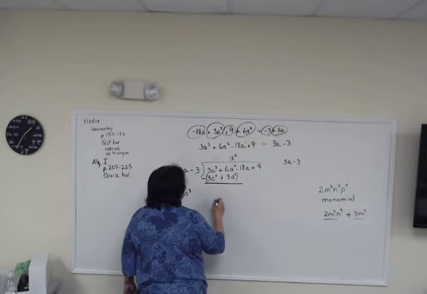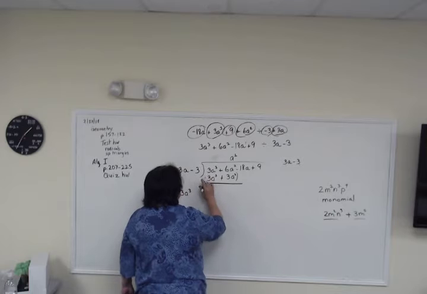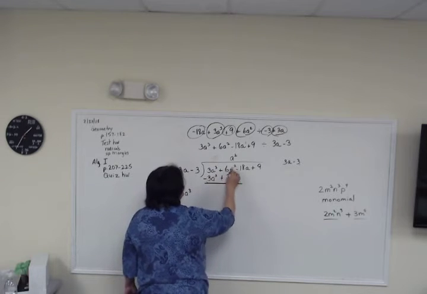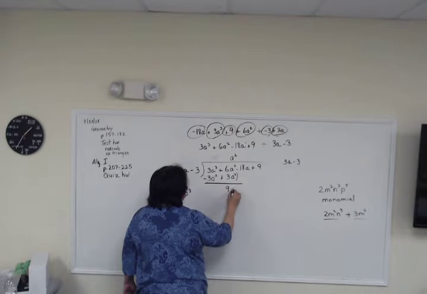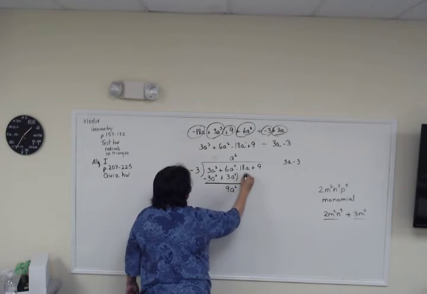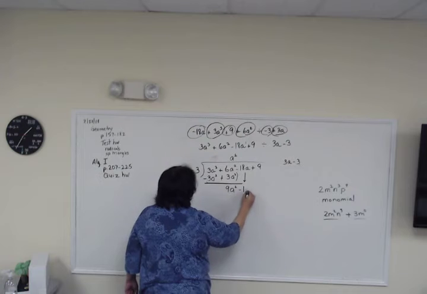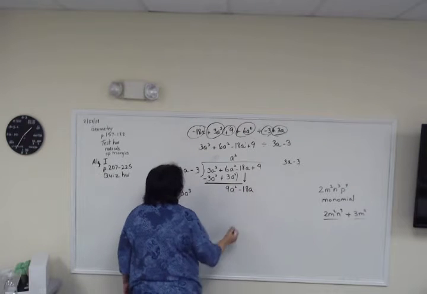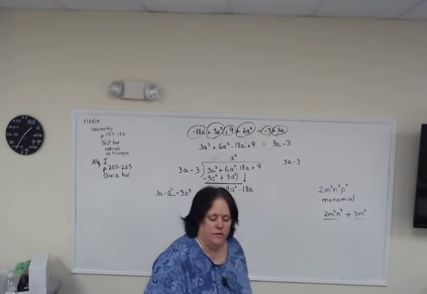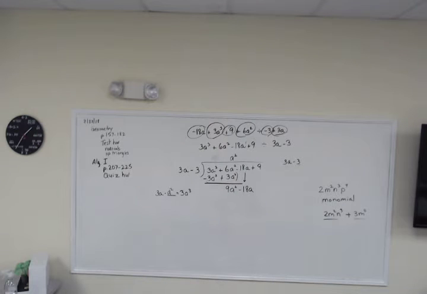So we make that a plus. 3a cubed minus 3a cubed, of course. 6a squared plus 3a squared is 9a squared. We bring down negative 18a. What do we ask ourselves next, Miss Maddie? How many times does 3a go into 9a squared, right?